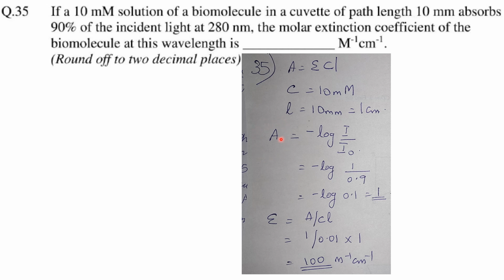Now you have to calculate absorbance, they have not given. So minus log I by I0, so minus log 0.1, that 90% they have given, so transmitted is 0.9. Minus log 0.1 is 1. So from A equal to epsilon C l, you have to calculate epsilon, which is equal to A by C l, that is 100.